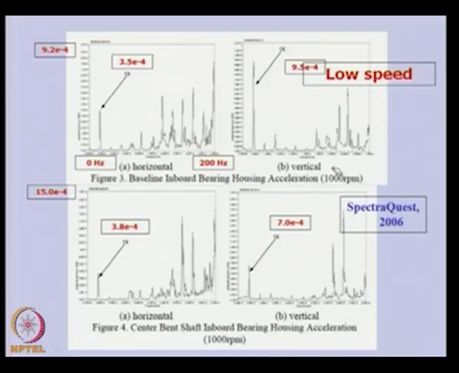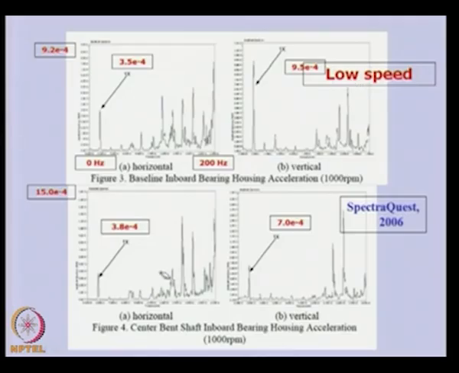It has been rotated at one particular speed, 1000 rpm. This peak corresponds to 1x, the rotating speed of the shaft. This is also corresponding to the rotating speed of the shaft. The speed is 1000 rpm, which is relatively low.